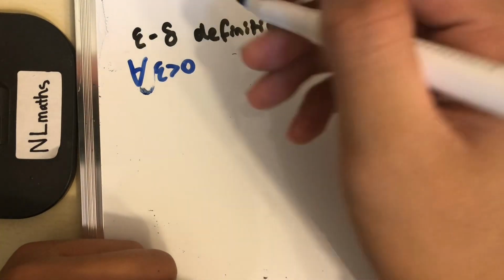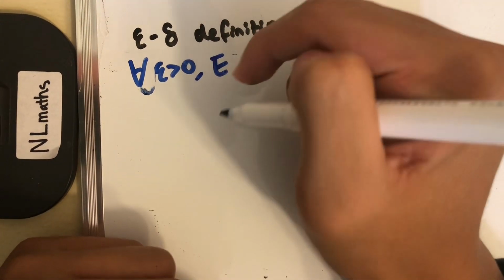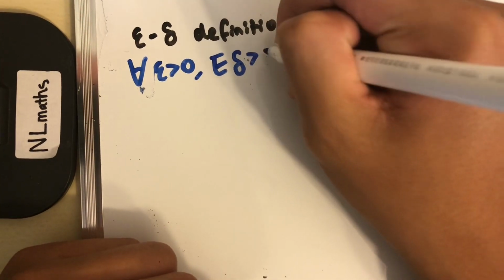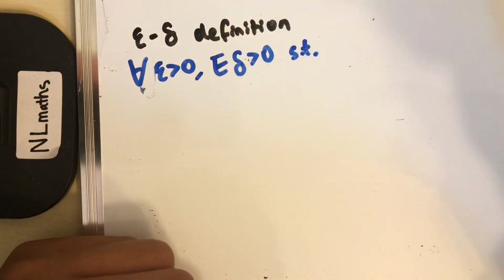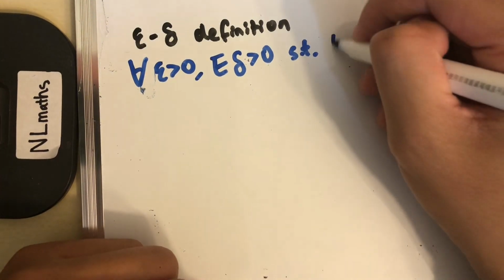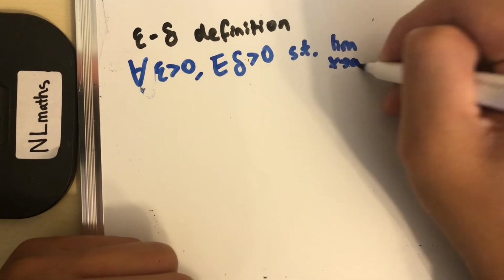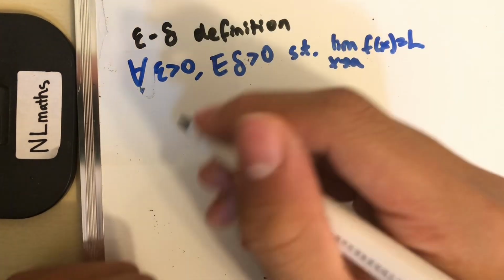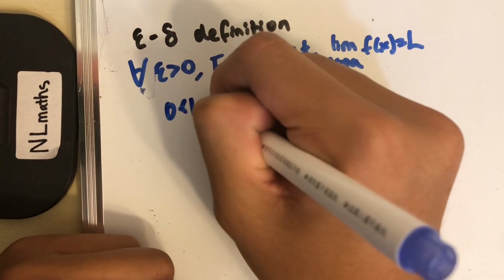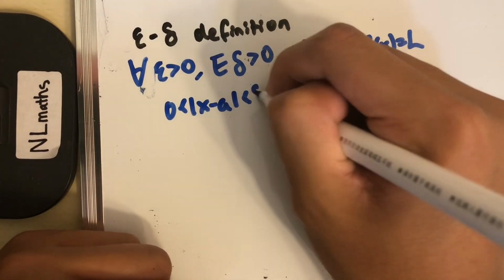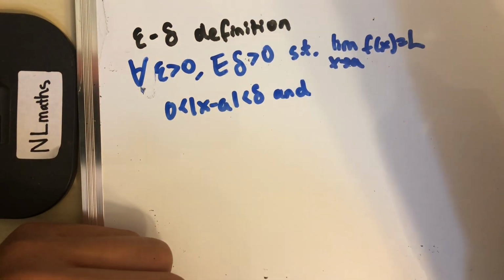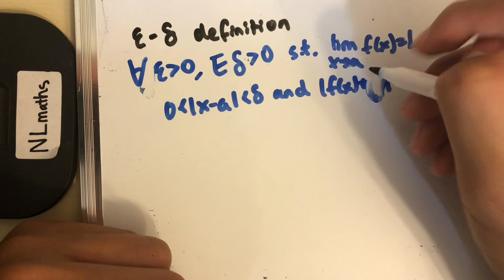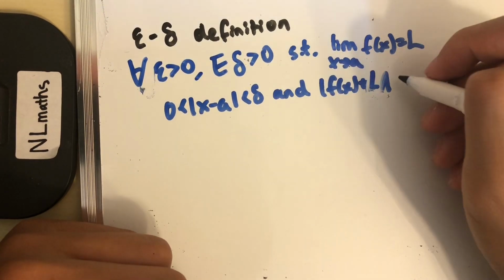For all epsilon greater than 0, there exists, the backwards E means there exists, for all of these ones, there has to be a delta greater than 0, s.t., which means such that, for the limit x to a of f of x equals L, 0 is less than |x minus a|, which is less than delta, implies |f of x minus L| is less than epsilon.